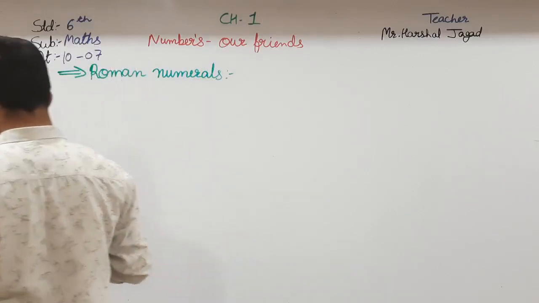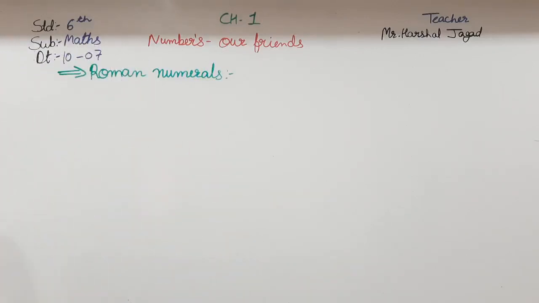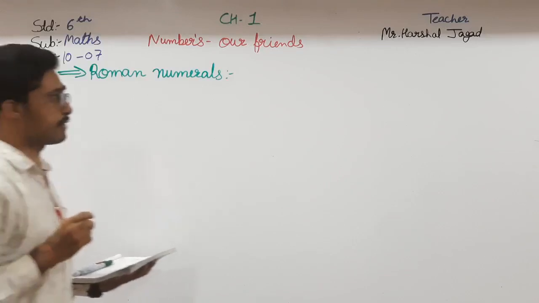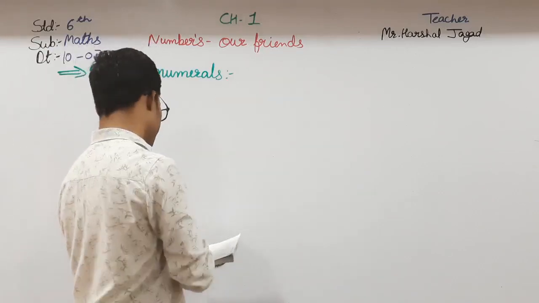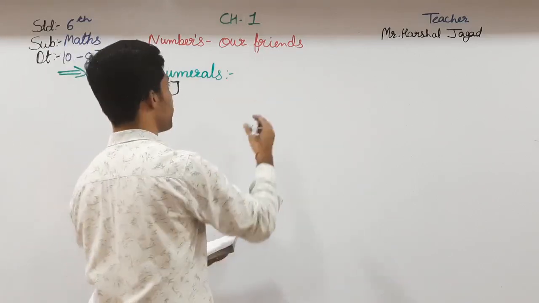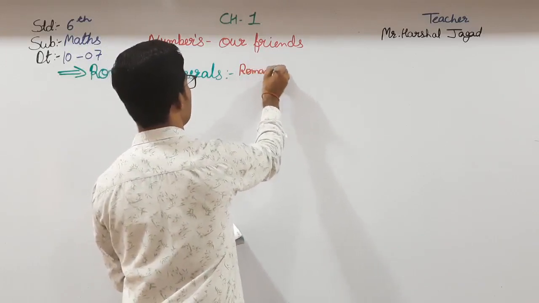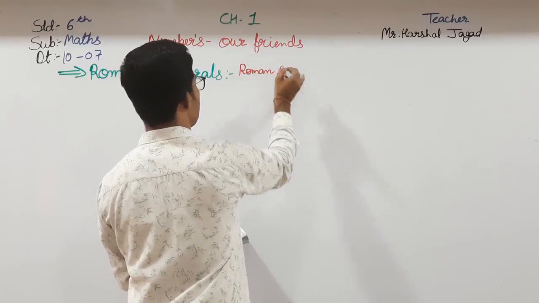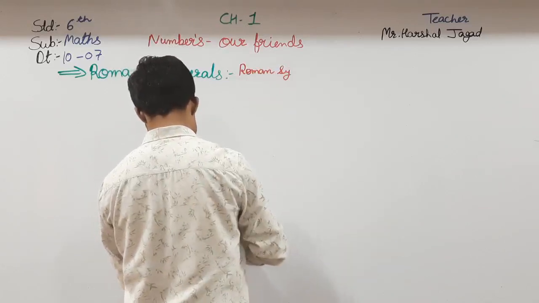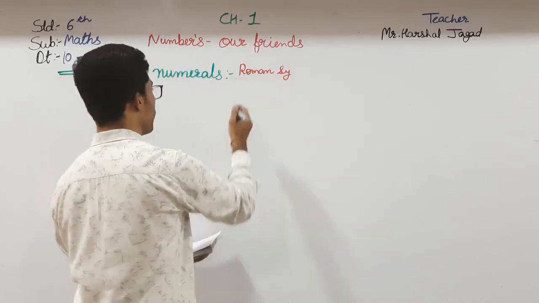Okay, Roman numerals. Here you can see a table is given first of all, which I am just drawing over here. Roman symbol, and another is Hindu Arabic number.